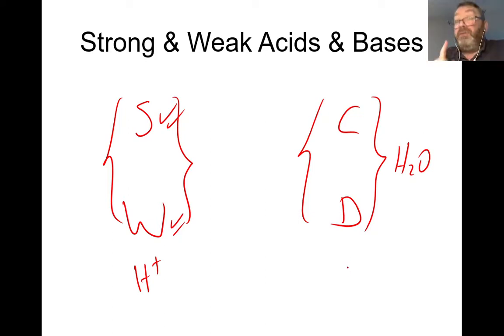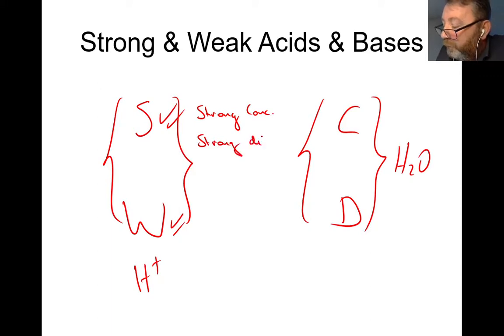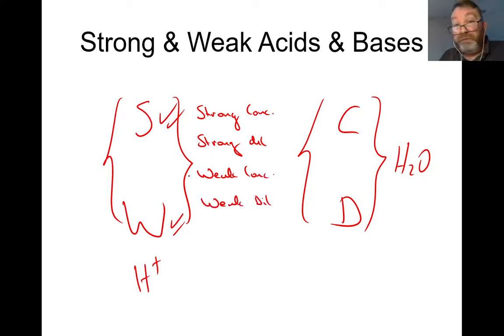So therefore, it is possible to have 4 situations. You can have a strong concentrated solution. You can have a strong dilute solution. You can have a weak concentrated solution, and you can have weak and dilute. Because once an acid is weak, it'll always be weak. What happens between these two is that the acid has different amounts of water.